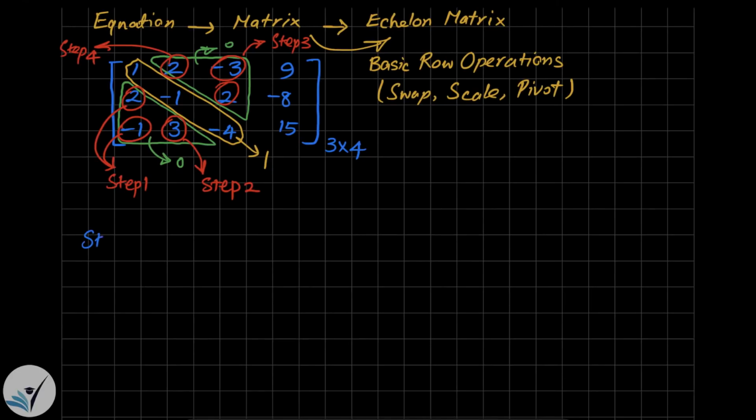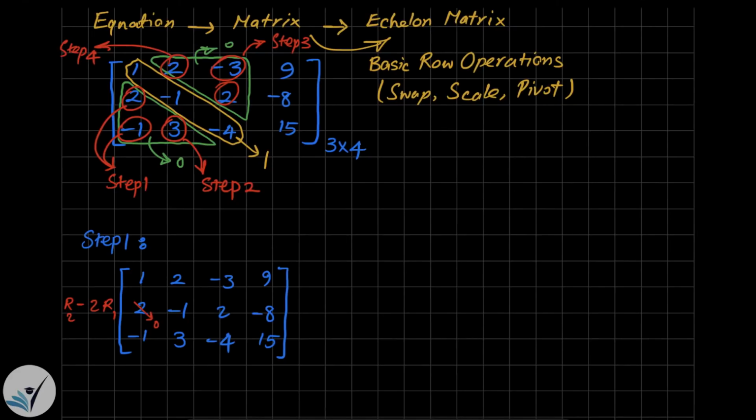I'm going to copy the matrix here. In the first step, to transform this entry to 0, we need to replace the second row by R2 minus 2R1. And we need to transform this entry here on the third row to 0.